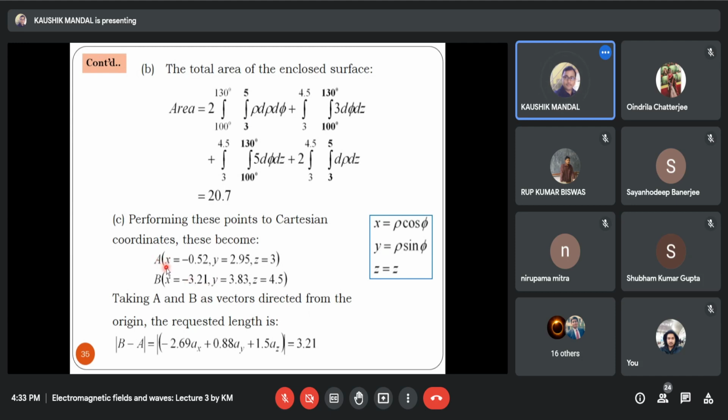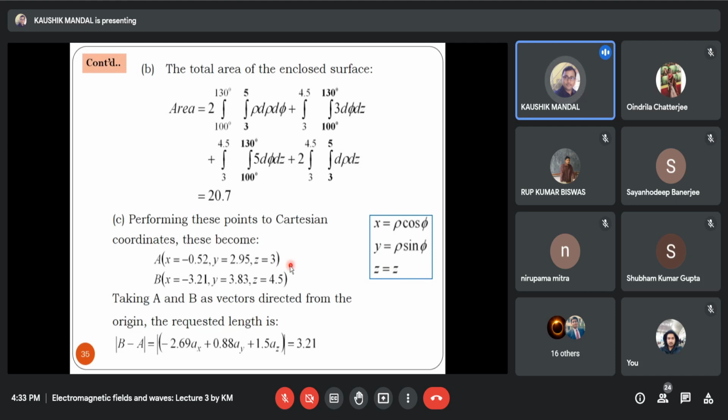So the vector A we can write in terms of Cartesian coordinates: A equal to x, y, z. Now we apply the rules of transformation. We know x equal to rho cos phi, y equal to rho sin phi, z equal to z.